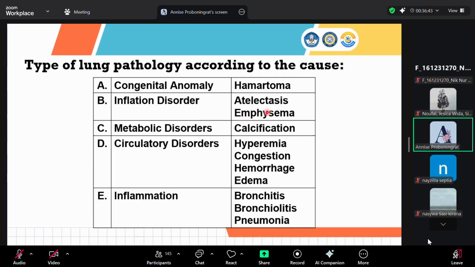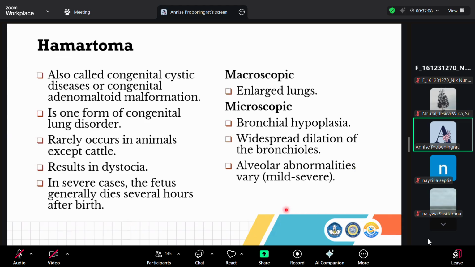There are atelectasis and emphysema, metabolic disorders like calcification, and then circulatory disorders such as hyperemia, congestion, hemorrhage, and edema. And finally, inflammation of the lung that can be divided into three main types: bronchitis, bronchiolitis, and pneumonia.